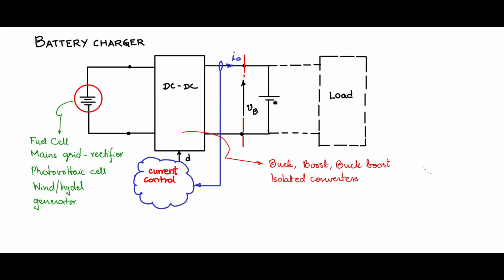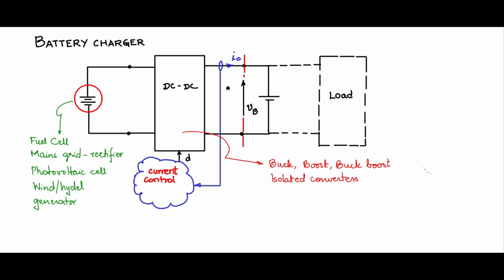We have seen that in a DC-DC converter, the voltage across the output of the DC-DC converter can be regulated, and we also saw how to do the closed loop operation. In this battery charging application, we need to control the charge current that you are pumping into the battery.